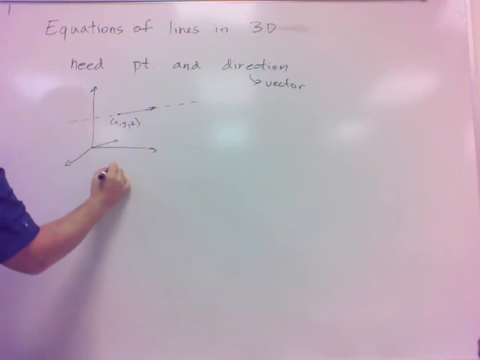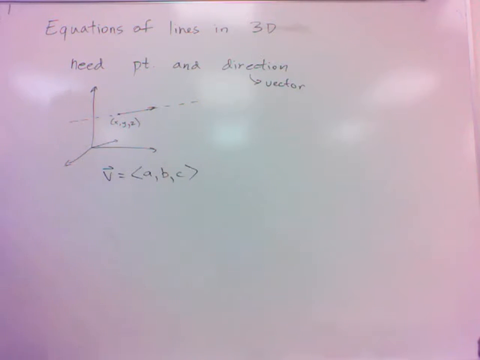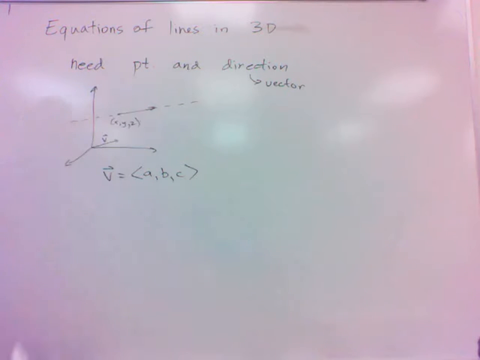V is some direction vector, the a, b, c, is what they're calling it in this section. And this v, of course, we can translate wherever you want to. Vectors don't really care where they are, but they do give us the direction.